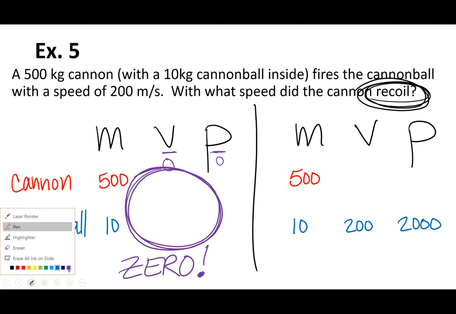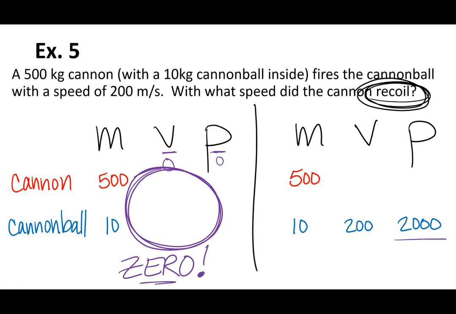Well, if our total momentum before is 0, then the total after also has to be 0. The only way for that to be the case is if the cannonball is 2,000, then the cannon has to be negative 2,000. Hence, why the cannon goes backwards. That negative means backwards.